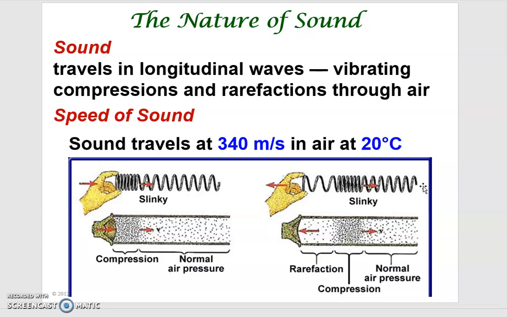And the second thing is, how fast does the sound propagate? If the sound travels in air at a temperature of 20 Celsius, then the speed of the sound wave is 340 meters per second. So there are two important things you should pay attention to. The first is which kind of medium it is; now I'm talking about air.